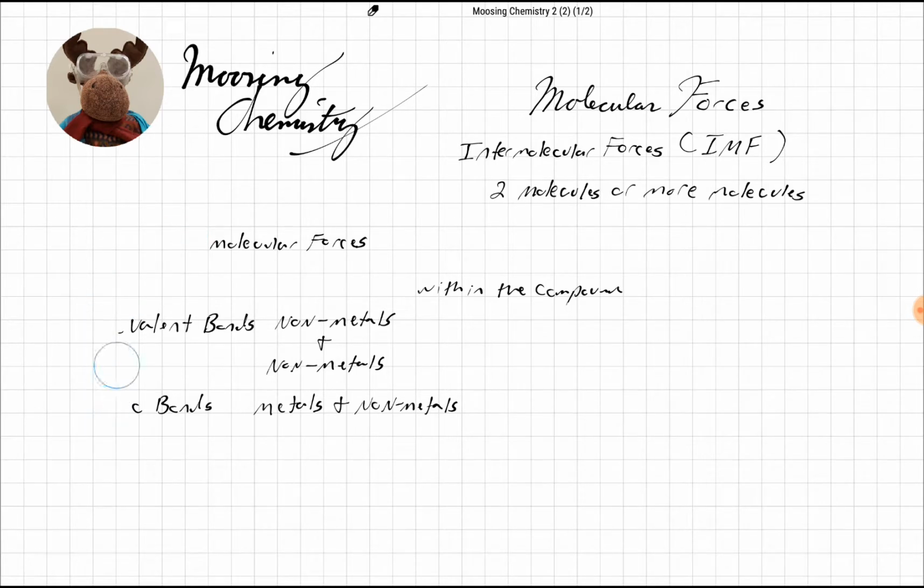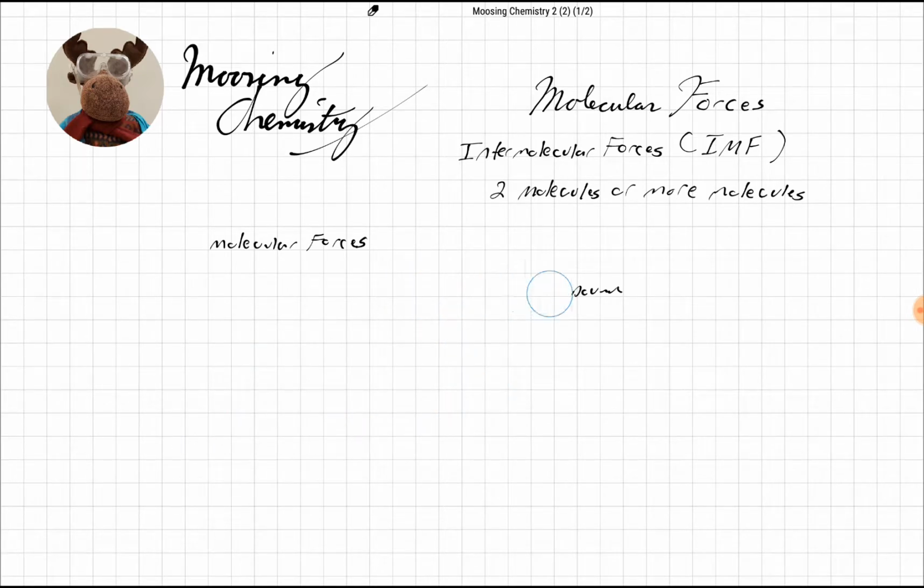Now, intermolecular forces are between molecules. So it should be two or more molecules, and it should be written as between the molecules. All right, and so we're going to call this intermolecular.